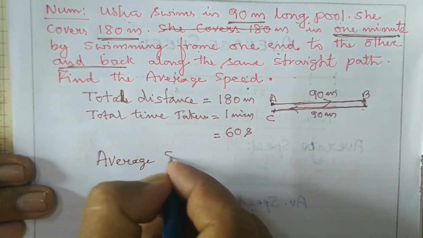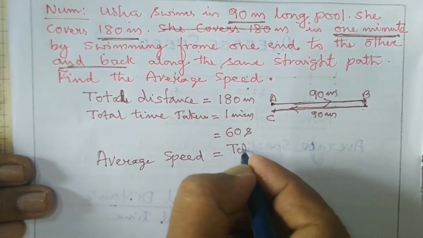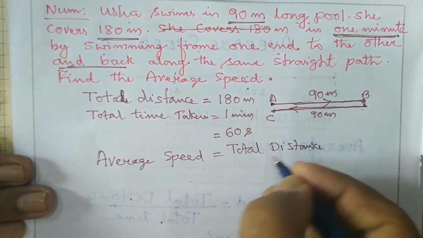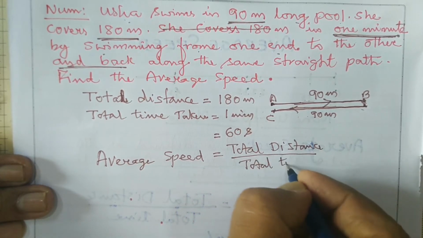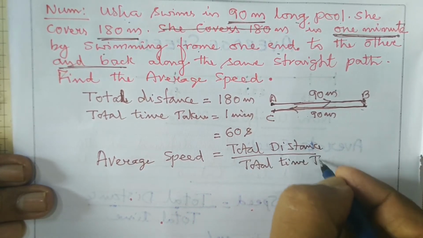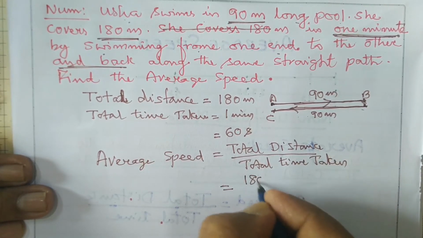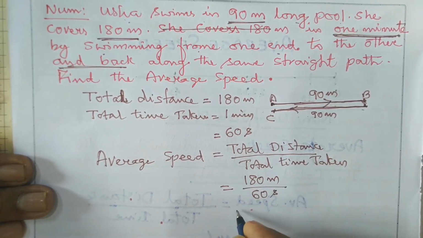Average speed is total distance by total time taken. Total distance is 180 meter by total time taken is 60 second.